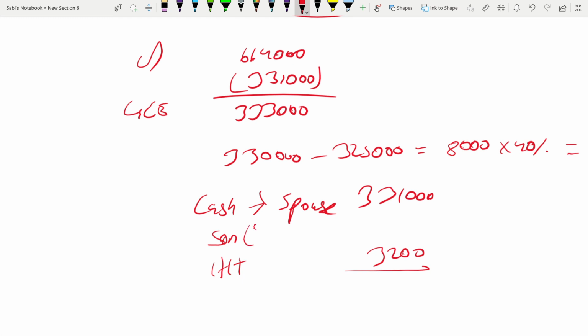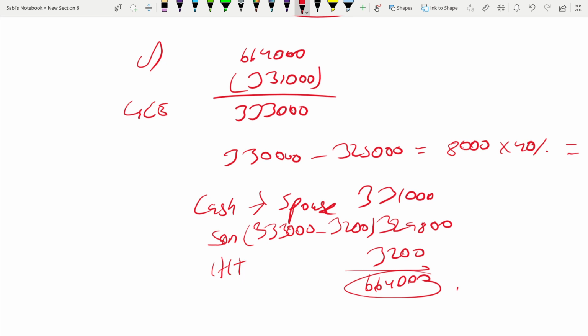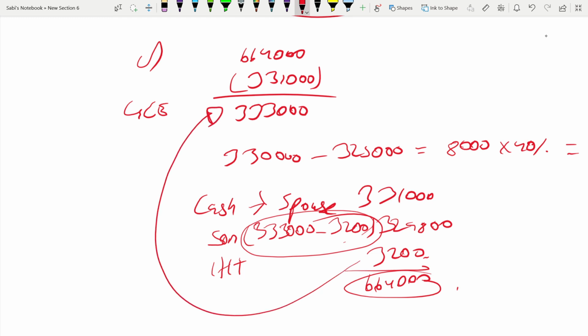What is the gross chargeable estate? 333,000 minus IHT of 3,200. So 329,800 is left to the son. 664. Still the same. This I hope you understood. Just deduct the IHT of 3,200 from this gross chargeable estate and get what is for the son. That's it.